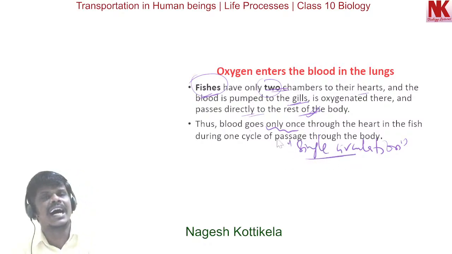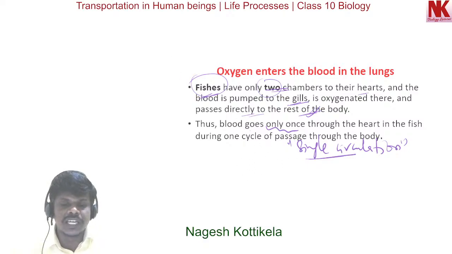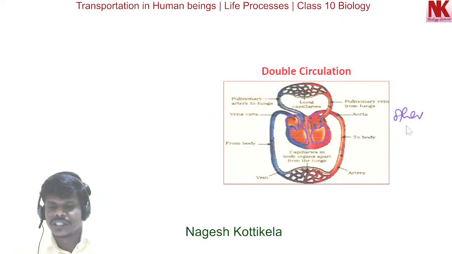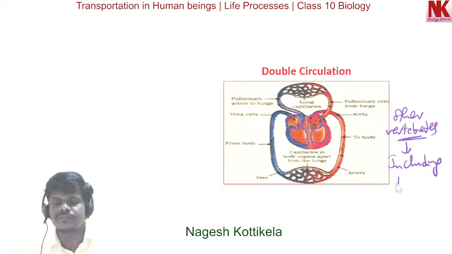On the other hand, blood goes through the heart twice during each cycle in other vertebrates. So in other vertebrates, including humans, we find double circulation.